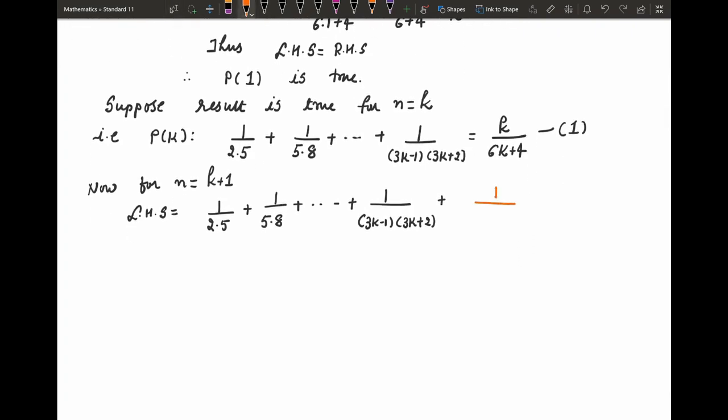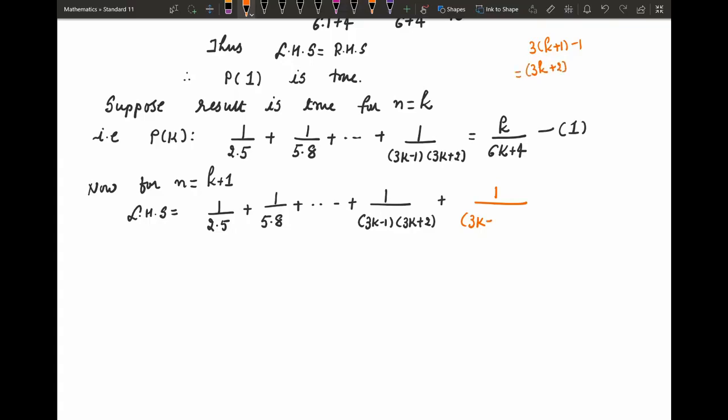So k plus 1th term, it will be 3k. You check this step, 3 into k plus 1 minus 1. So this is 3k plus 3 minus 1. So 3k plus 2.